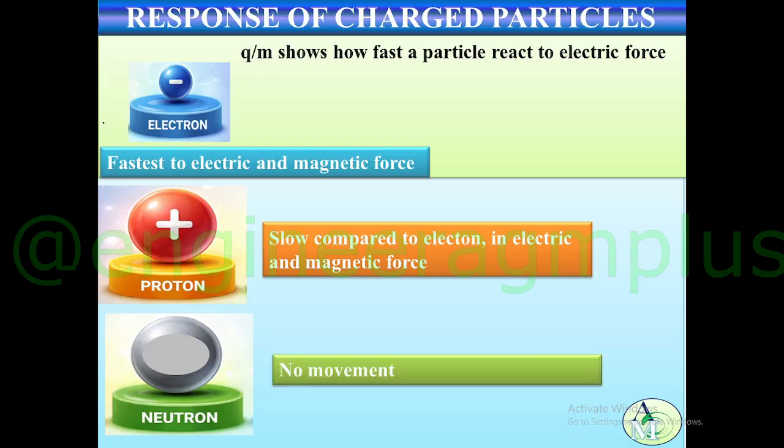And neutron, no movement. And from that video, you can see when they were on the track, electron moves in the opposite direction, while proton goes to the other side. Electron ran as fast as possible to reach the finish line before proton. So therefore, electron moves very fast compared to proton and neutron.